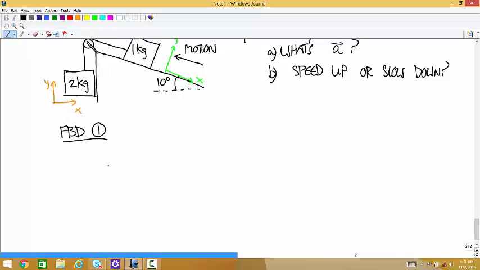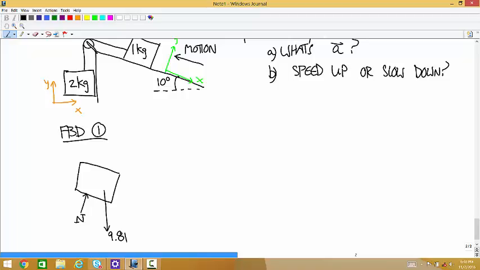Okay, so free body diagram of the 1 kilogram. There's a weight of 1 times 9.81. There's a pushing contact from the incline. There's a friction force.